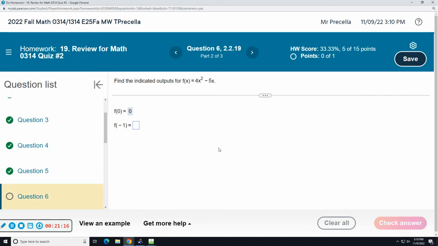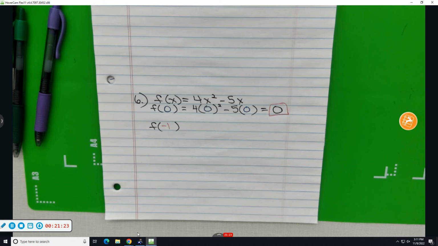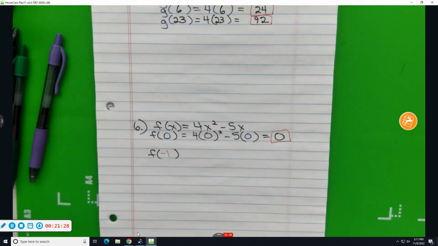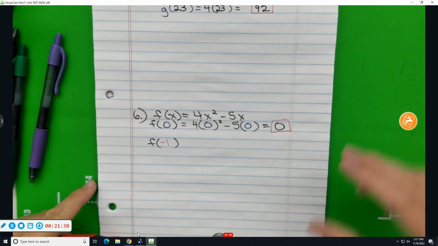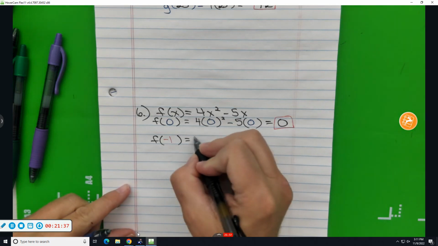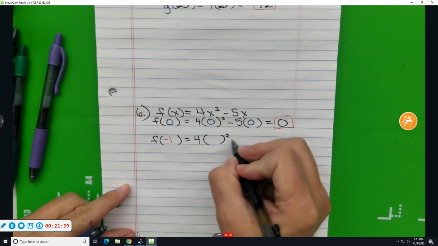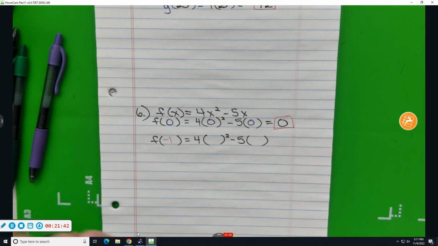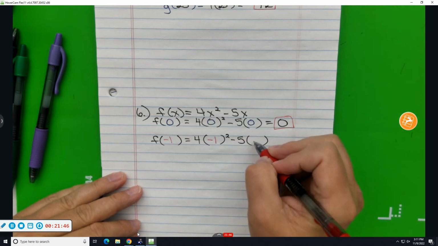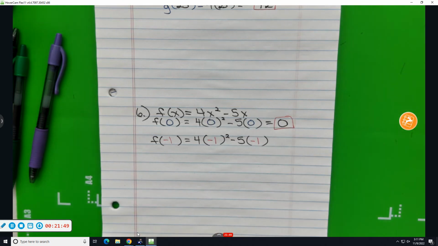Now they want f of negative 1. F of negative 1. That says go to your function f, and where you see a variable, you're going to replace it with negative 1. So replace that x there with negative 1, and this one here with negative 1.